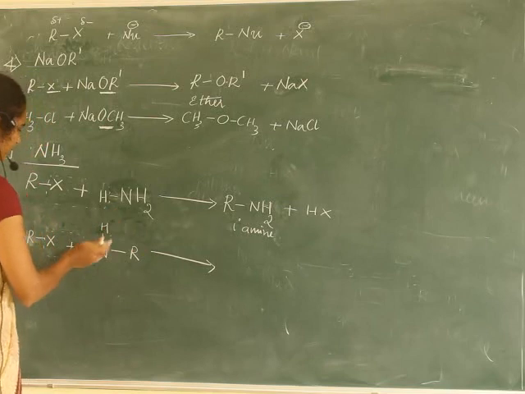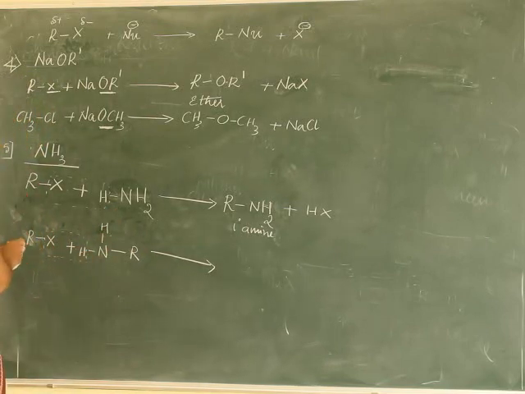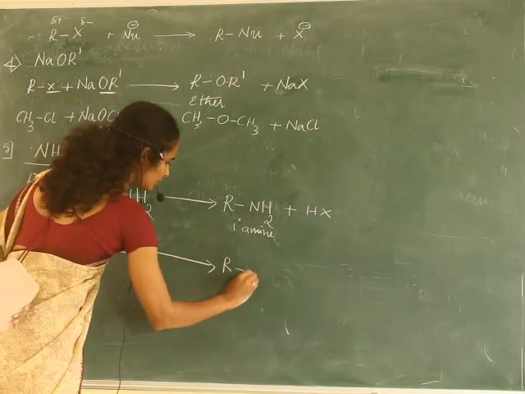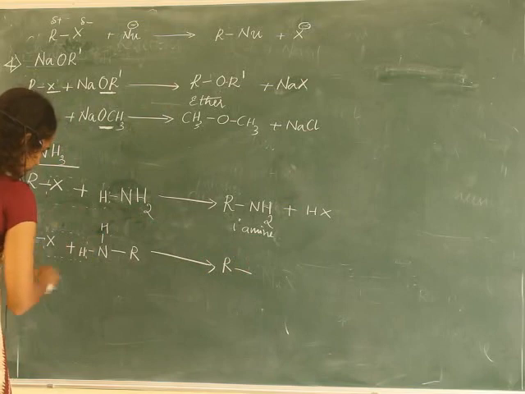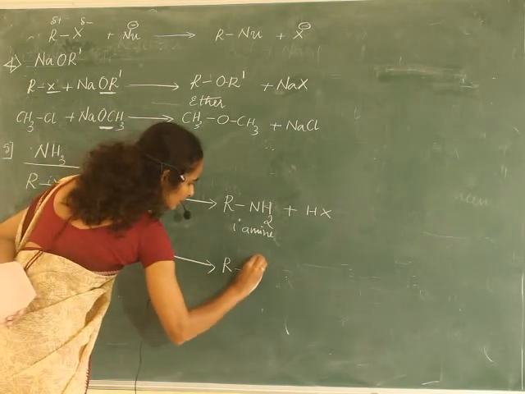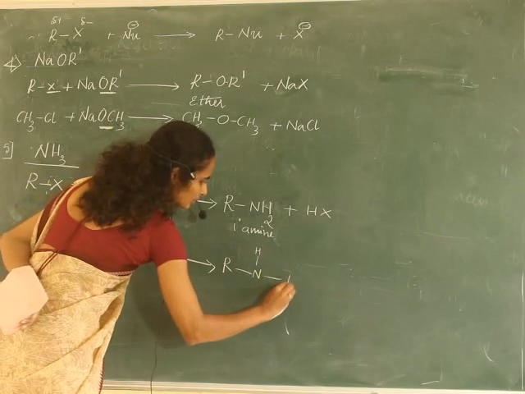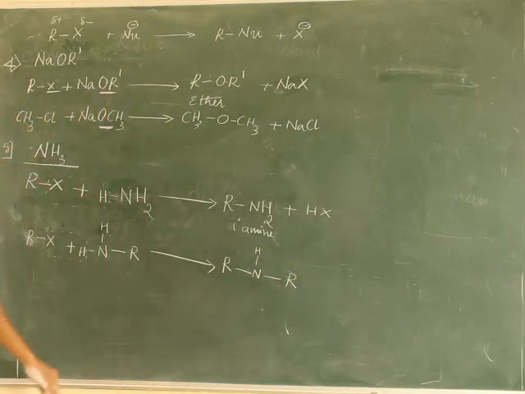Not required. Don't get confused. But we should write both the R groups. Now the product will be R, N, H. One is eliminated as HX, and R, N, H, and here it is one more alkyl R group, right?